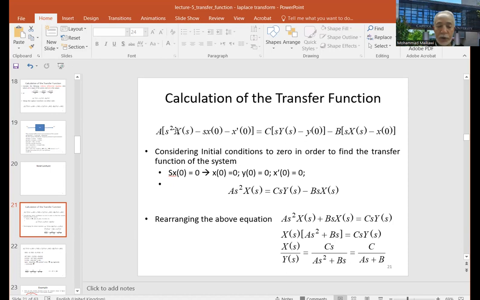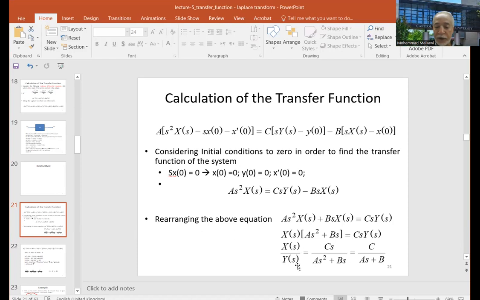So this boils down to a s squared x of s, c s y of s minus b. And eventually, if we rearrange as we did in the previous lecture, we factor x of s out, then I'll have a s squared plus b s equal c s y of s.